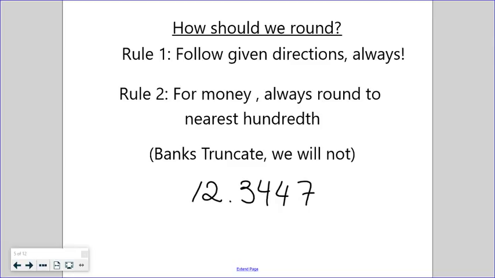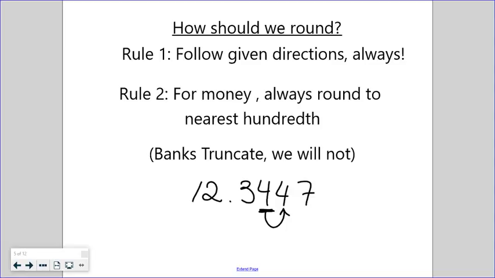I do want to talk about rounding though real quick. Remember that if we are rounding to 2 decimal places in money, that means this number right here is getting rounded. You only look at the number next to it. It is not a domino effect. It is not a, well, the 7 rounds the 4 up to a 5, and then the 5 would round the 4 up, it does not work down the line like that.